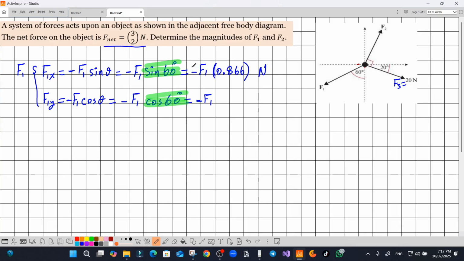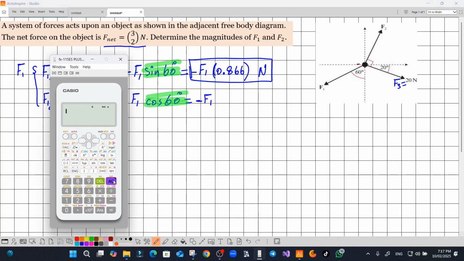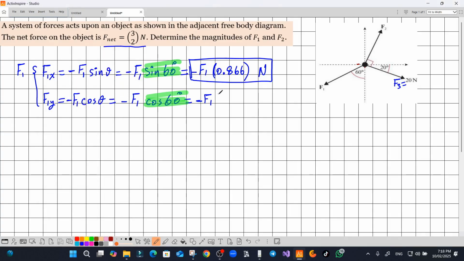This is the magnitude of the x component. The same thing can be said for the cosine of 60. Let me find out what the cosine of 60 will be. And it's going to be half. Let me write it in decimal form, so 0.5. And this is the magnitude of the y component.